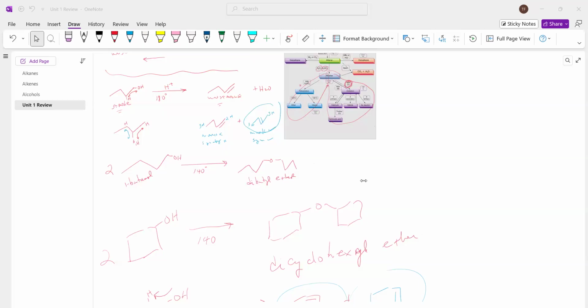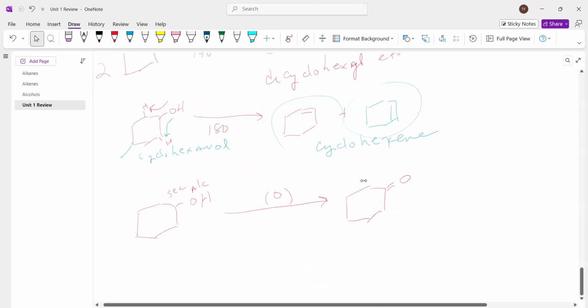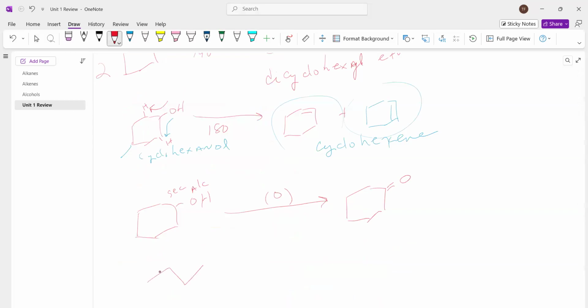So for example, we have 1, 2, 3, 4, and end up with a 4 carbon backbone as well.